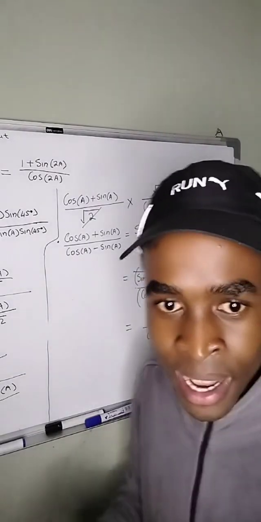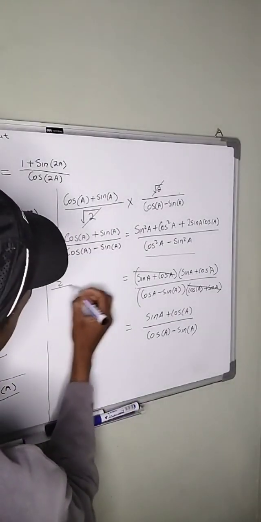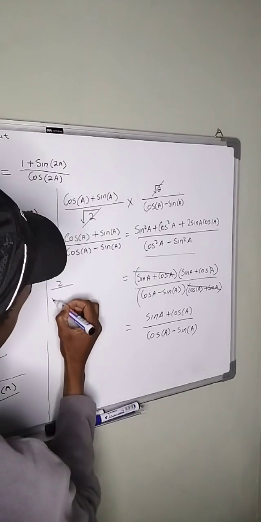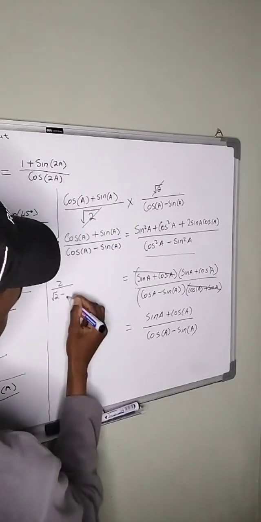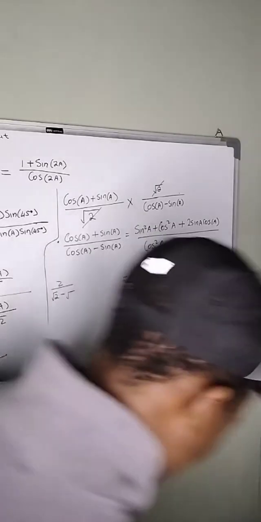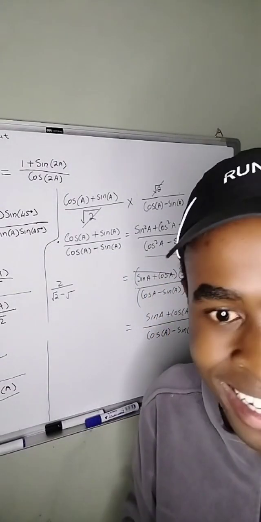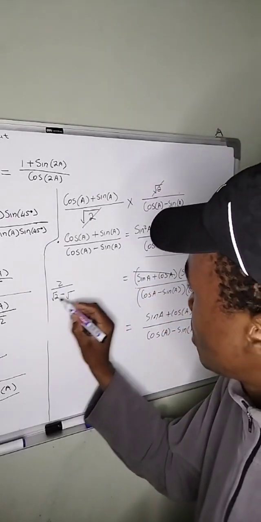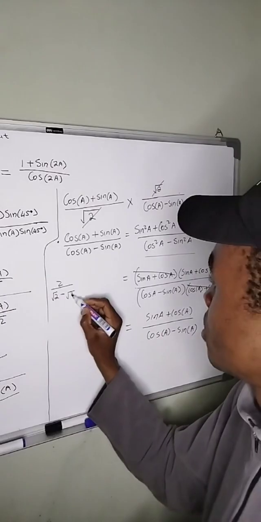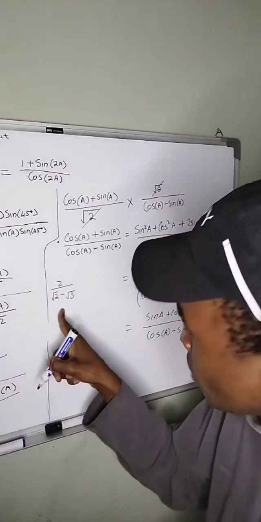It's simple. Like if maybe I have 2 divided by square root of 2 minus square root of 3. And guys, I told you, this is not just a method. It's a technique. I want to rationalize this denominator. What will I do?